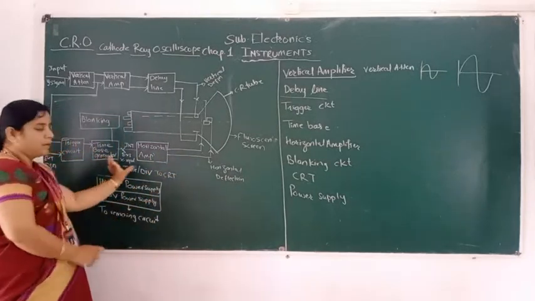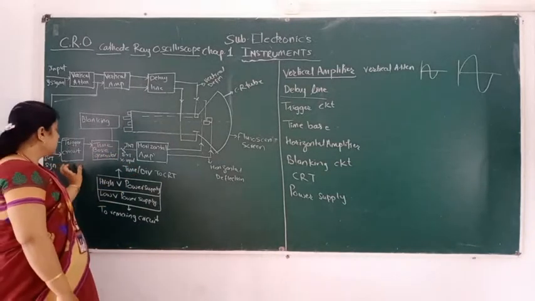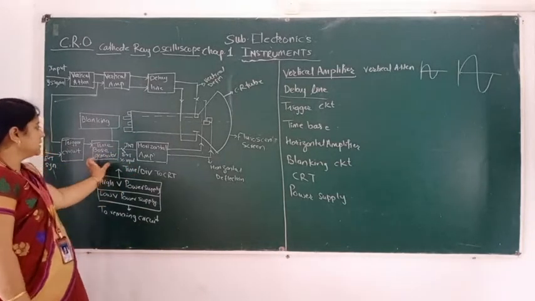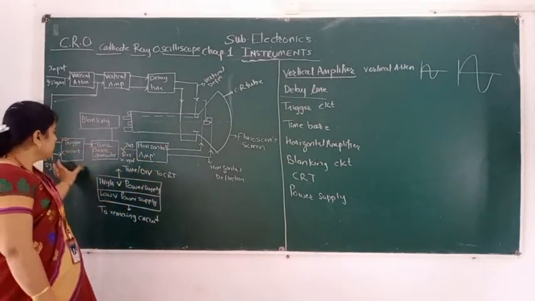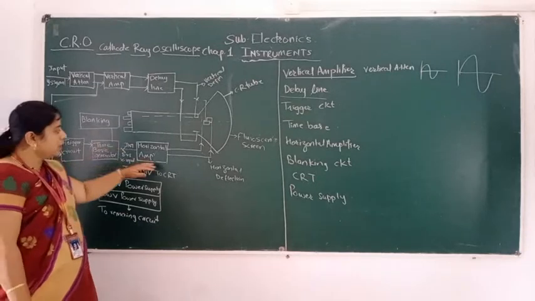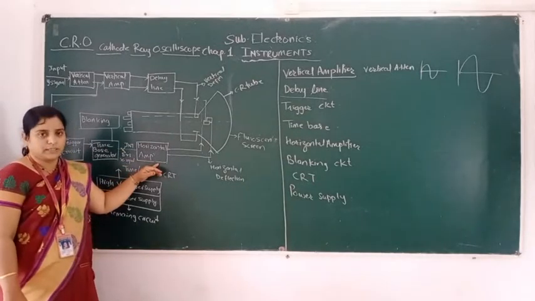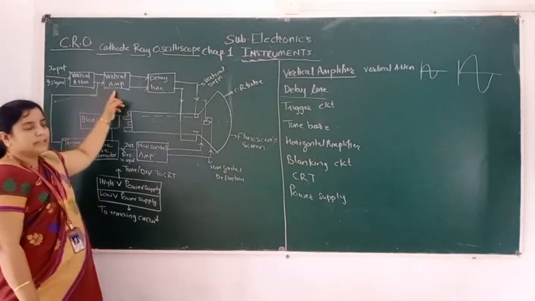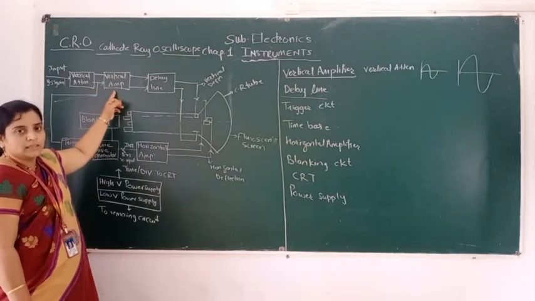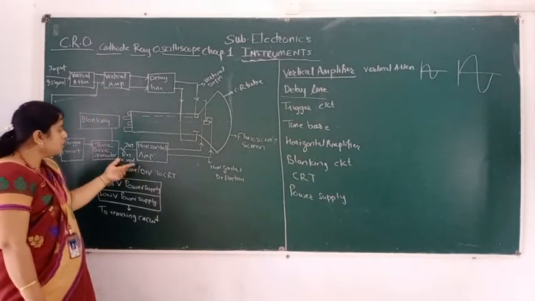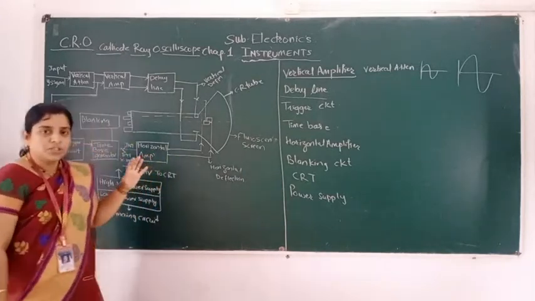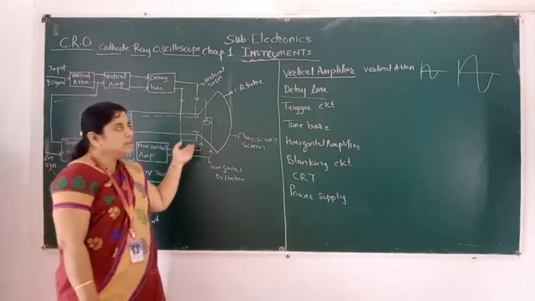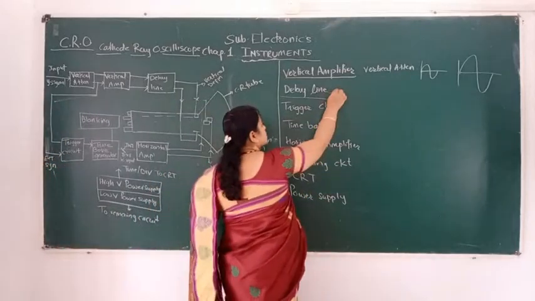There are other blocks: the trigger circuit, the time base circuit, and the horizontal amplifier. Because of these two circuits, the trigger circuit and the time base circuit, there is an attenuation or distortion in the signal, therefore the delay line is used.